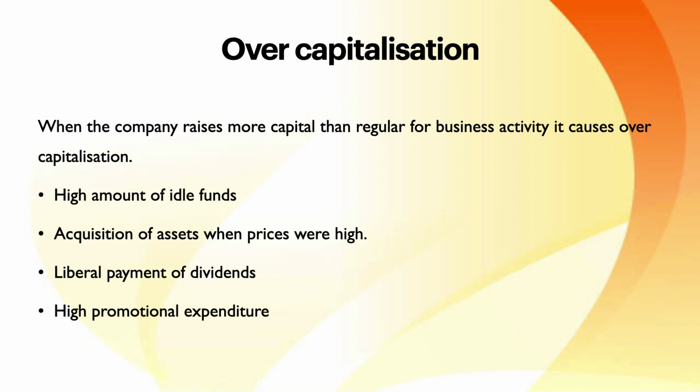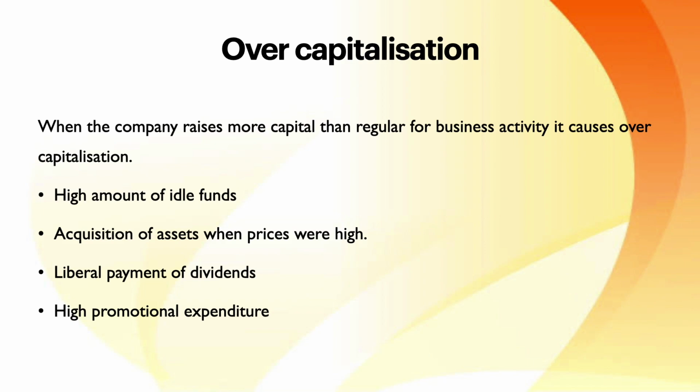But in this scenario, because I have so much idle funds available with me, I will start buying the asset which is at the price of 3 lakh right now. Maybe there might be a time period where the asset's price may fall down to 2 lakh 50,000.